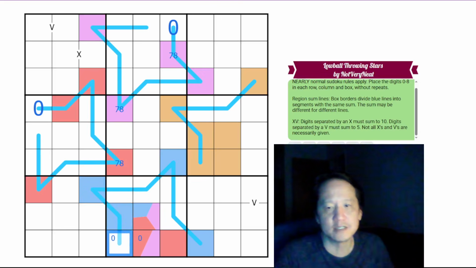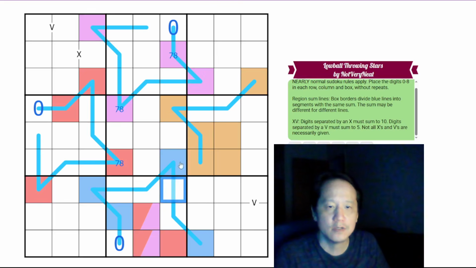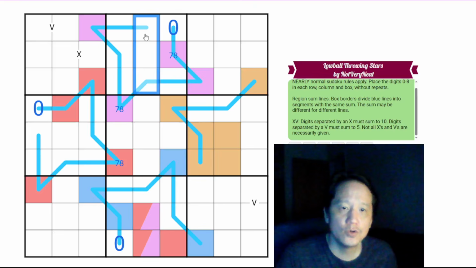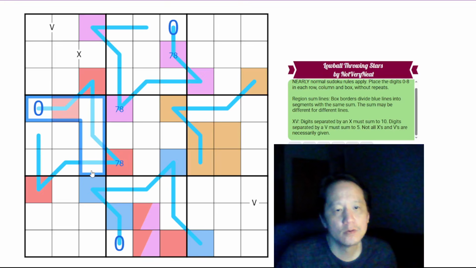So this must then be 0 and blue, which means this cannot be blue here. This cannot be 0. So blue is one of these three. Pink cannot be, pink is here. So pink cannot be here or here.